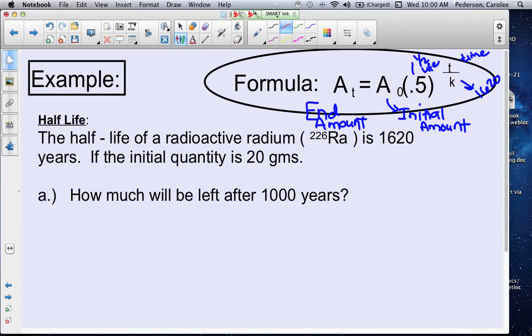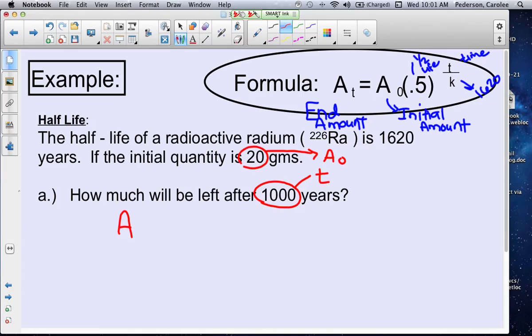Yeah. So after 1,000 years, we're trying to see how much radium is in the ground or wherever this is. And then the 20 is the A naught, the initial amount. So are we ready to substitute it into the formula now? We have all the pieces? Okay.